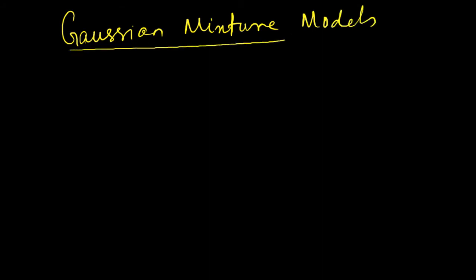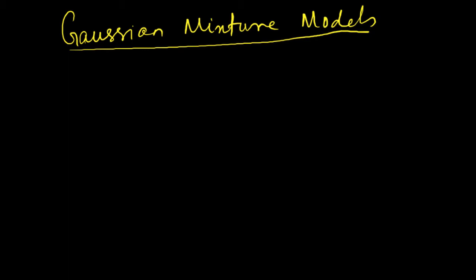So here what we do is that we have these different clusters, as you can see on your screen. Instead of just identifying their center and then drawing a circle around them, we actually model them as Gaussian distributions. And because you have different center points and each cluster has its own variance, you have a mixture of Gaussians. Instead of a single Gaussian, you have a mixture of Gaussians where each Gaussian has its own mean and own variance.